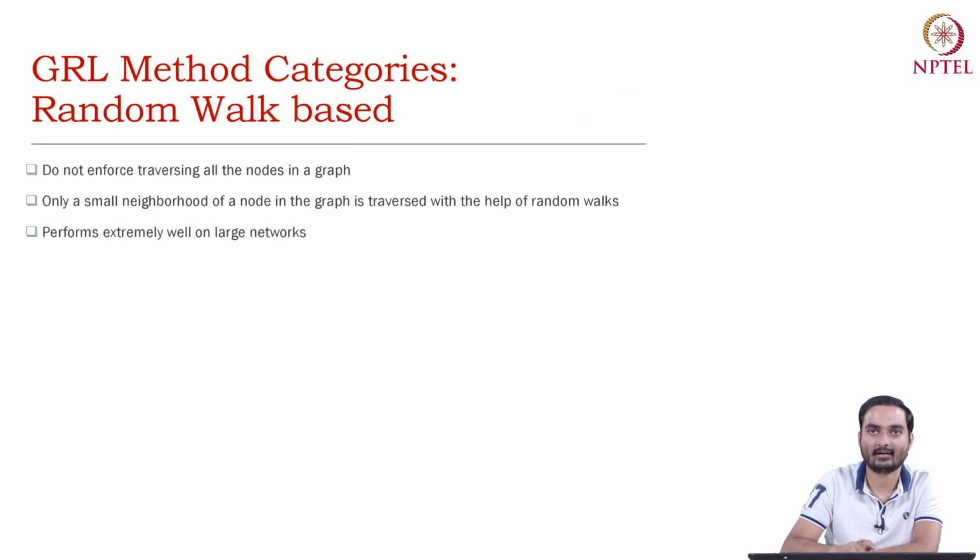And then we have random walk based approaches, DeepWalk and node2vec. Here the idea is how do we capture the context of a node. We start a random walk from a particular node and run the random walk k times, and during that process we sample a set of nodes through which the random walker has moved, and that defines the context of a particular node.